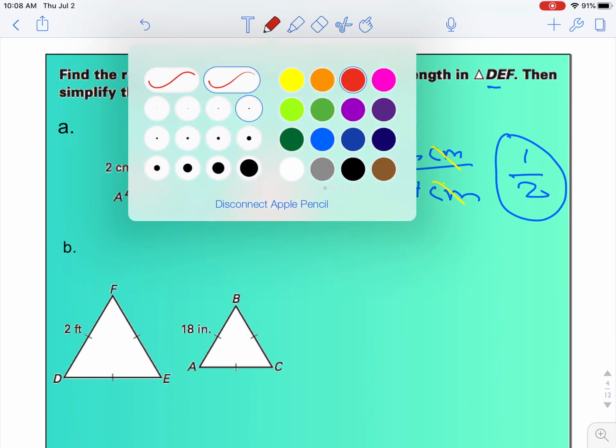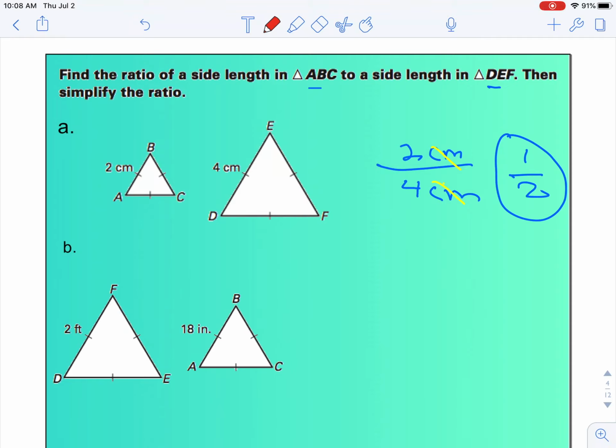In the second example, again, we're going AB. Notice we want AB right here, the triangle AB, to DEF, so we should list that one first. So it's going to be 18 inches compared to 2 feet. Again, we don't have the same units.